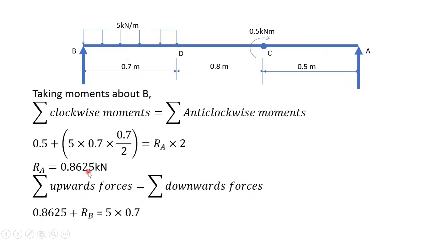We already found RA as 0.8625, plus RB is equal to the uniformly distributed load, which is 5 times the whole 0.7. Just dealing with forces, when you say 5 times 0.7, these meters cancel out, and you just remain with the force. From there, our answer is 2.6375.